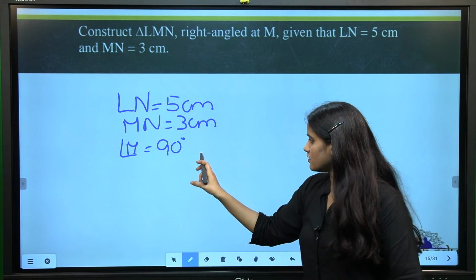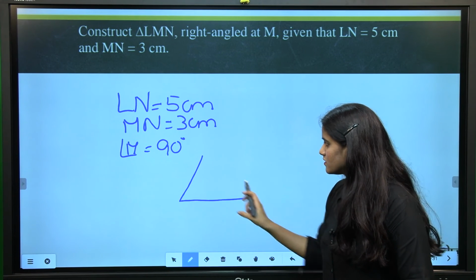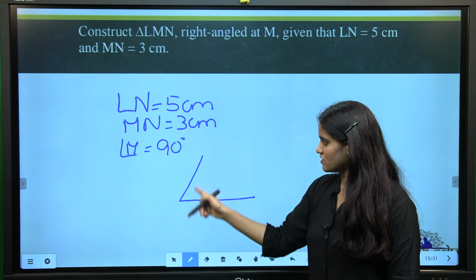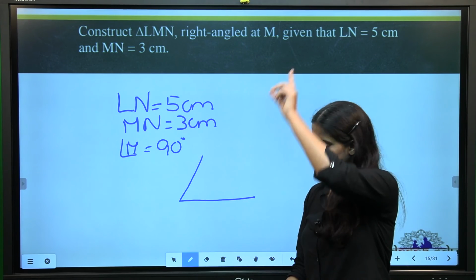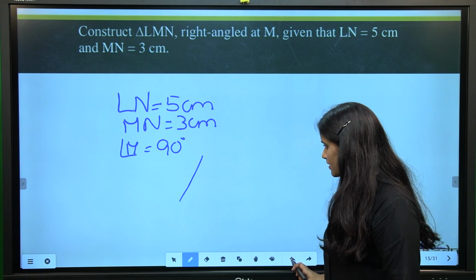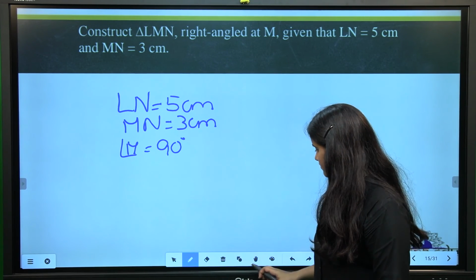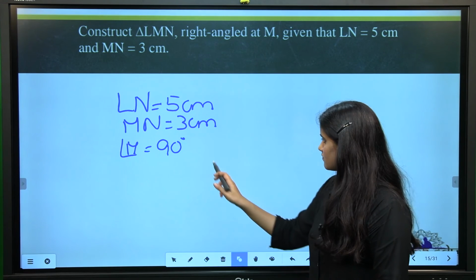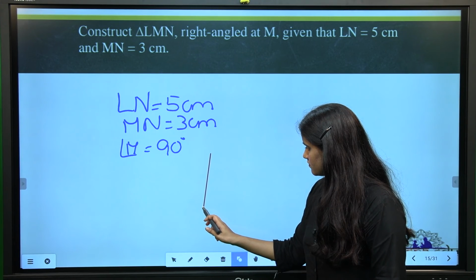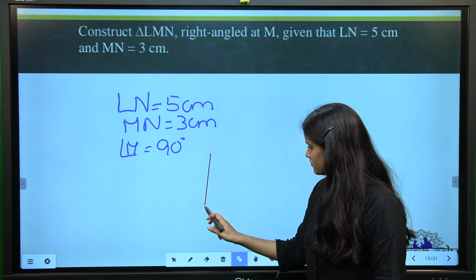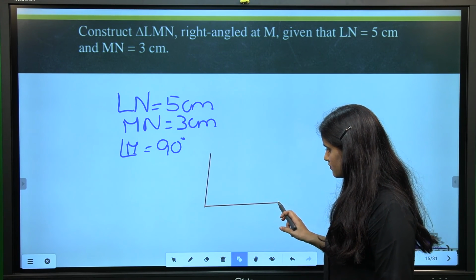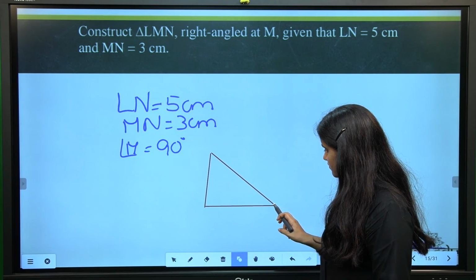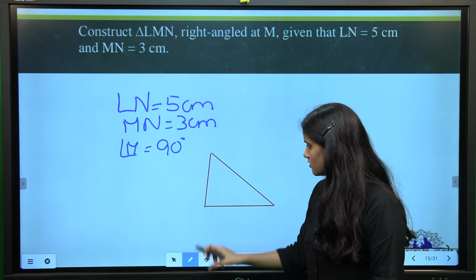See, if I draw a triangle like this, sorry, right angle triangle, right? So this is not a right angle. Right angle means a straight line should be drawn. I'll undo it. This is a right angle triangle.